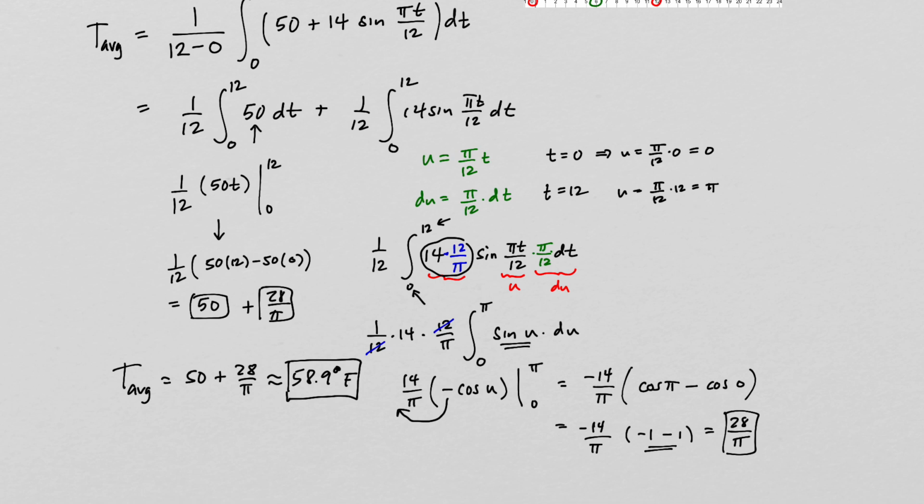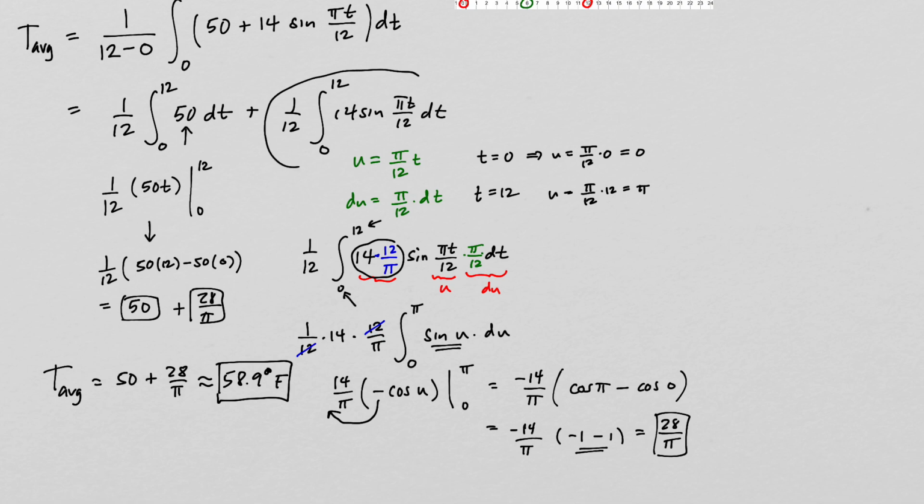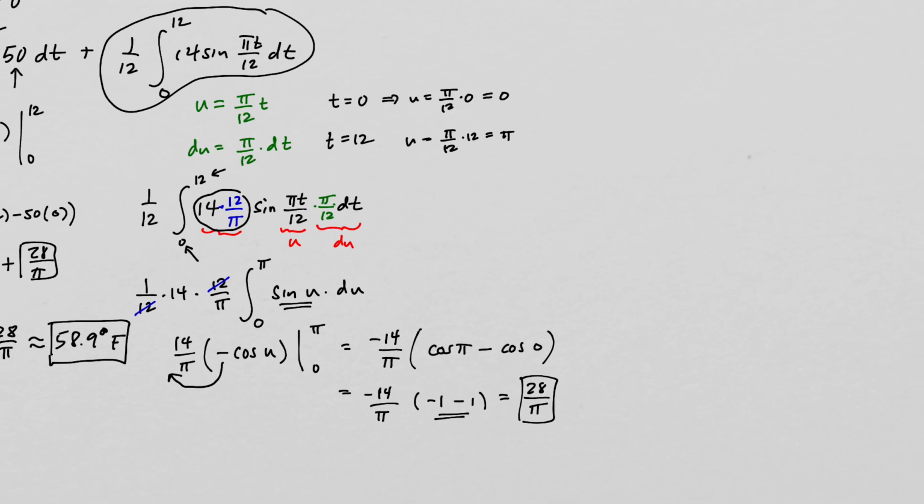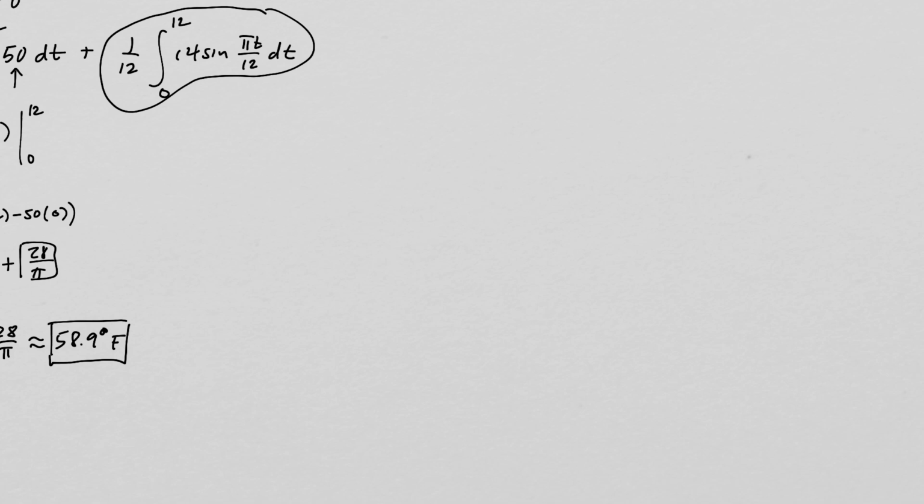Now let's just revisit this integral here, and let's talk about a different way to do that integral if you know a little bit about the substitution formulas mentioned in a previous video lesson. So the formula that we know from earlier is that if you take the antiderivative of sine of ax times dx, this is equal to negative 1 over a times the cosine of ax plus c.